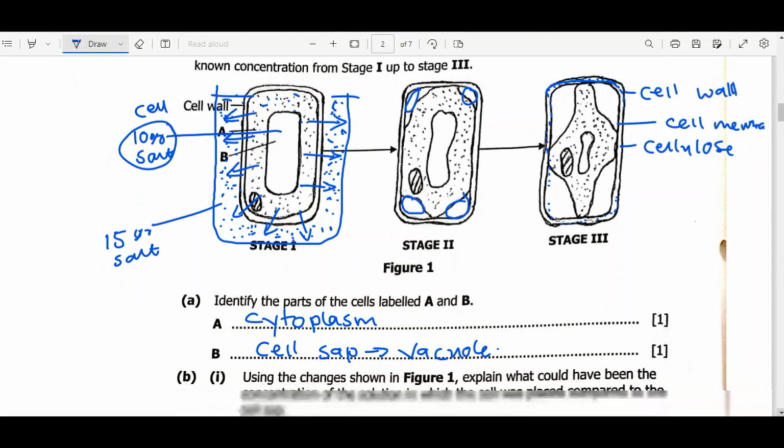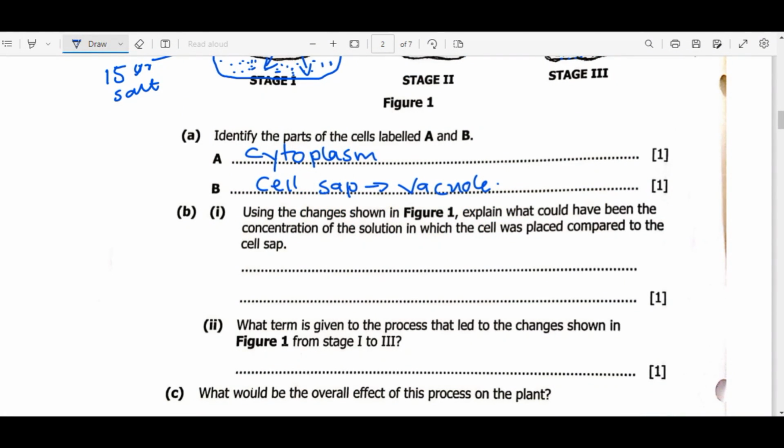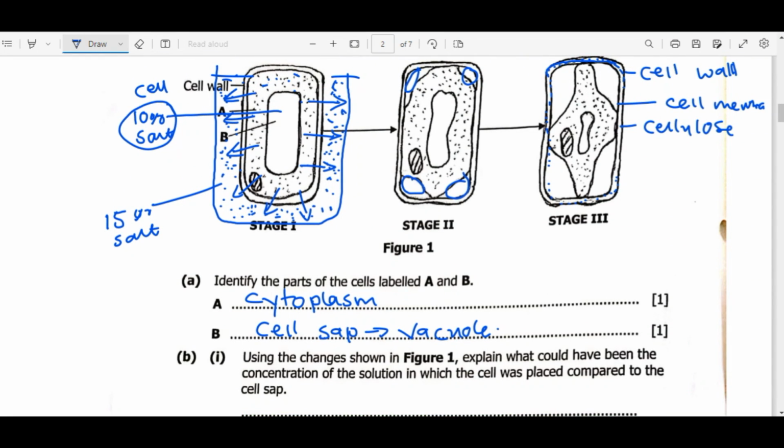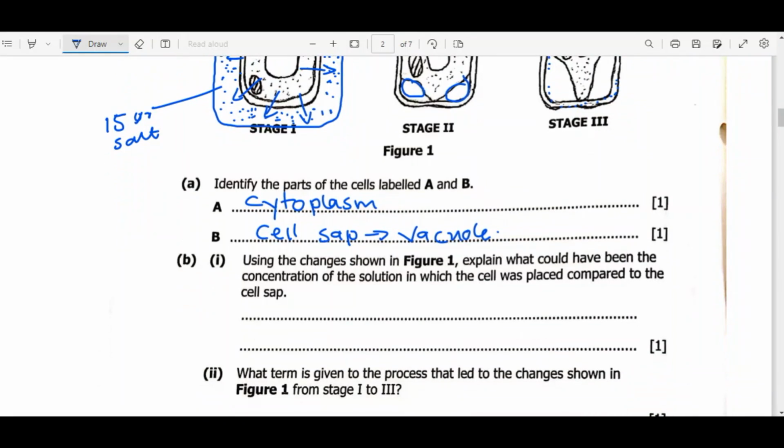We move on to question B1. Using the changes shown in figure 1, explain what could have been the concentration of the solution in which the cell was placed compared to the cell sap. For us to answer this question, you just have to look at which one is losing water. The cell is the one losing water. If the cell is the one losing water, then the concentration of the solution is higher than the concentration of the cell sap.